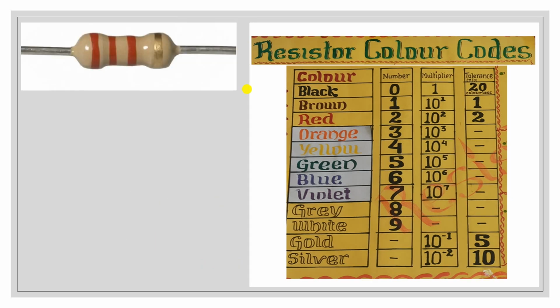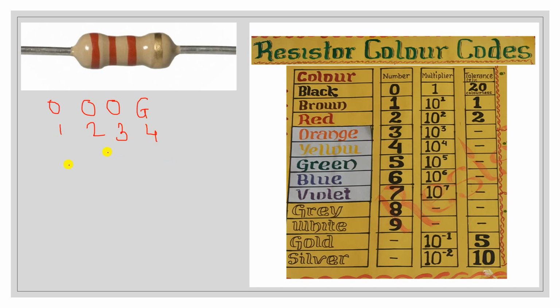Now take another example. In this resistor, it is orange, orange, orange, and gold. The starting two colors act as digits, the third one is the multiplier, and the fourth one is the tolerance. What about orange?